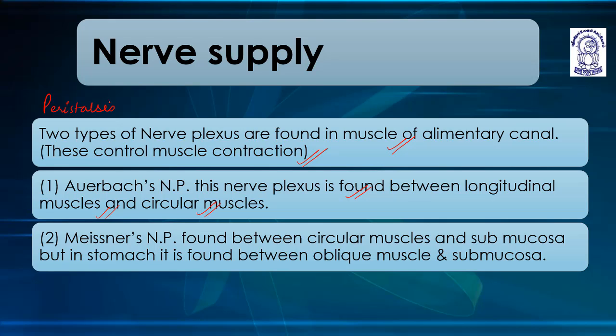Peristalsis and enzyme secretion is initiated by the parasympathetic nervous system, right?